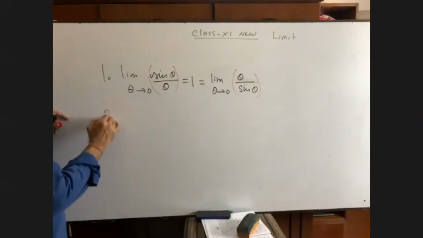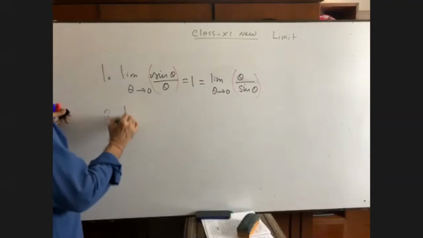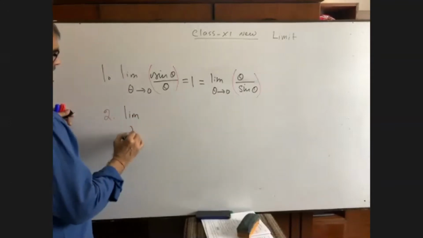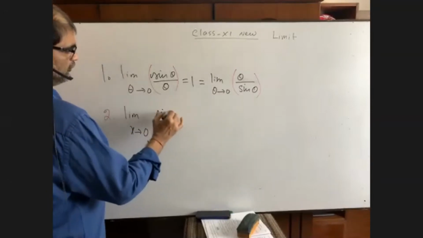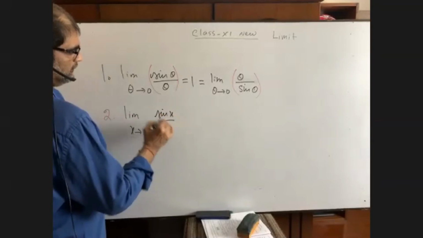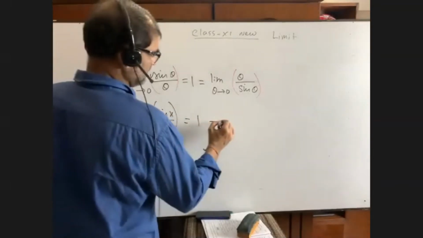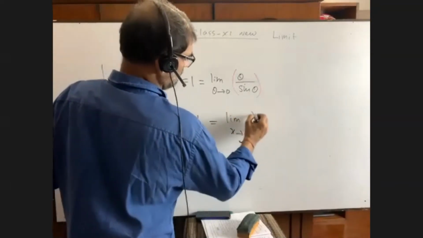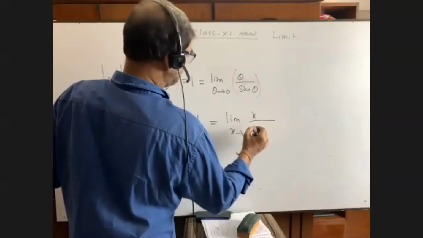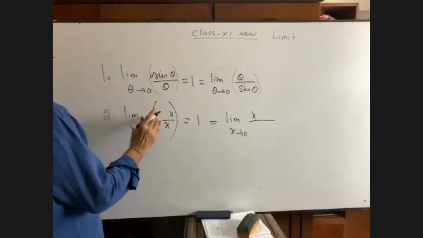Again, number 2, in the same way we can write down here limit x tends to be 0, sin x by x is equal to 1, is equal to limit x tends to be 0, x by, sorry, here it is tan, it will be tan, I'm sorry.